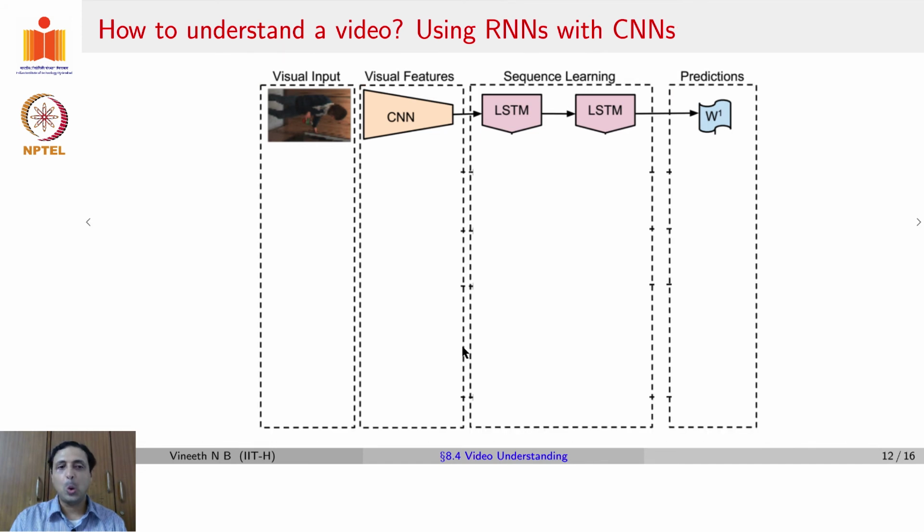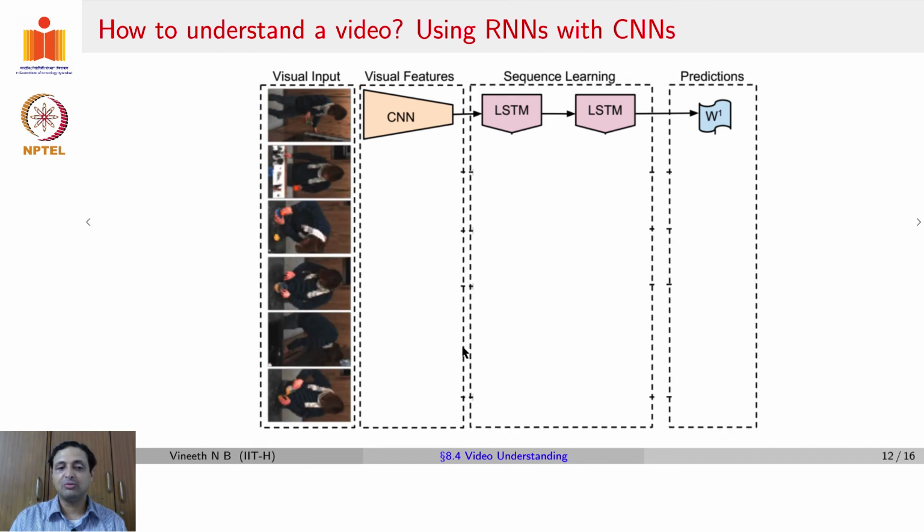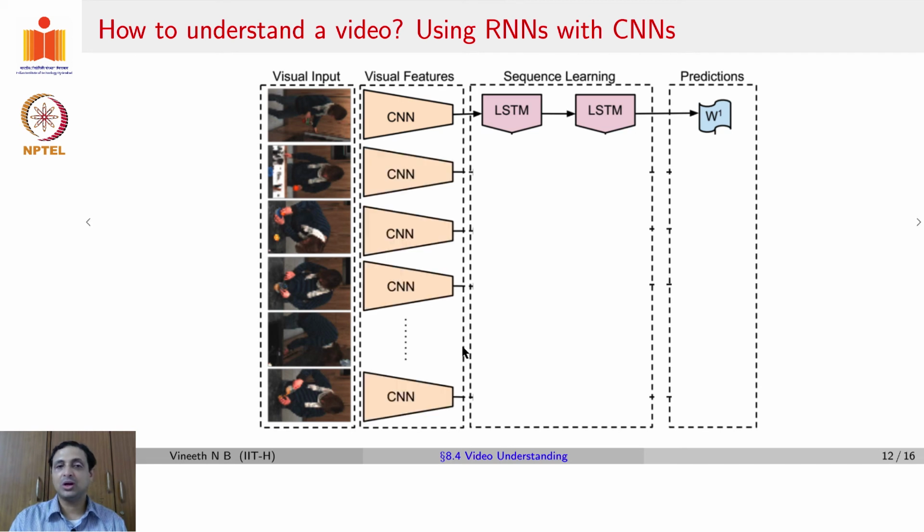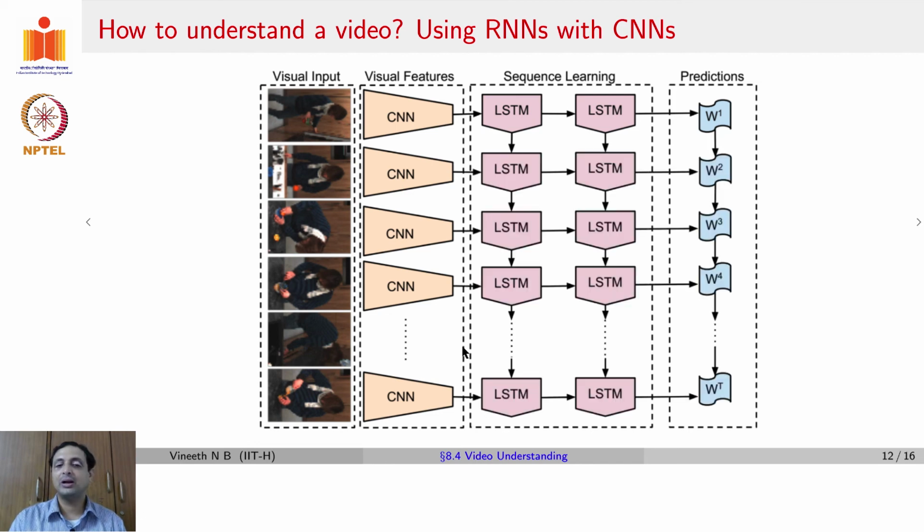If you had a video where you have multiple frames, then you provide each frame to a corresponding CNN to get different feature representations, and then they can be provided to an LSTM. You could assume now that each column here is your LSTM unfolded over time, and this is a stacked LSTM unfolded over time.